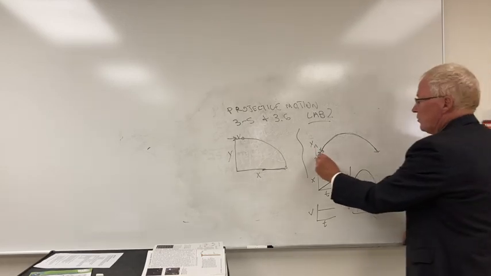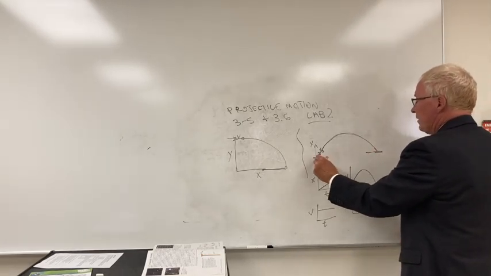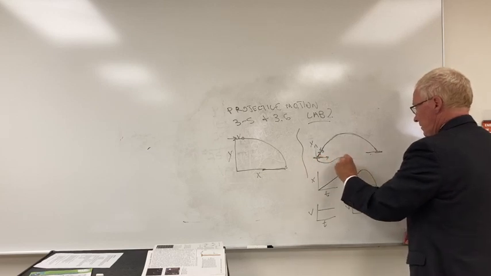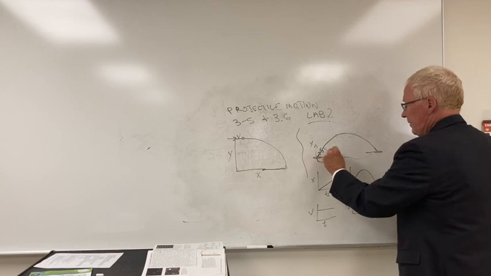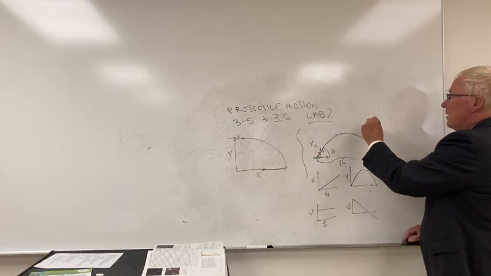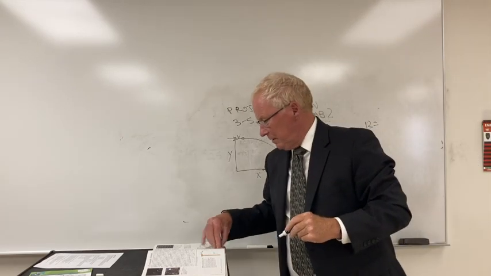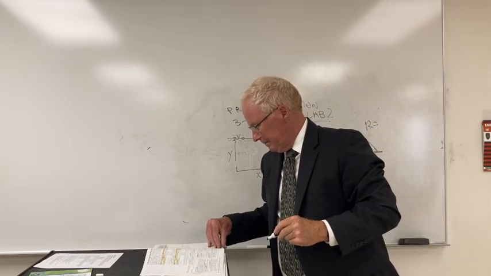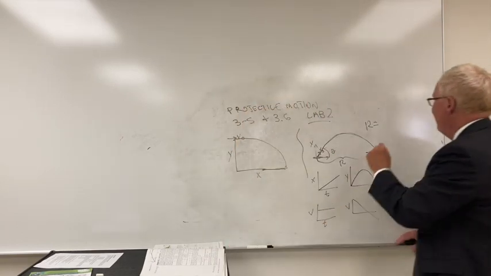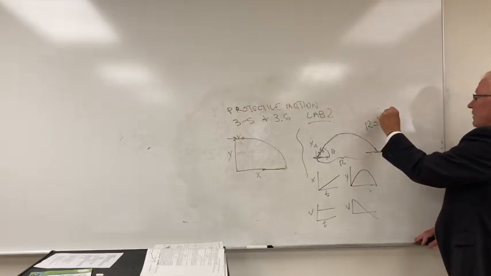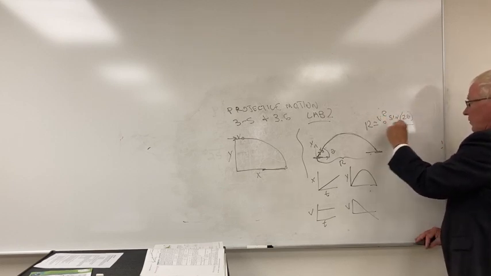For what we're doing here, we launch it and it goes a distance R, what we call the range. It's launched at some angle theta from the horizontal, so the range is given by v naught squared times the sine of 2 theta over g.